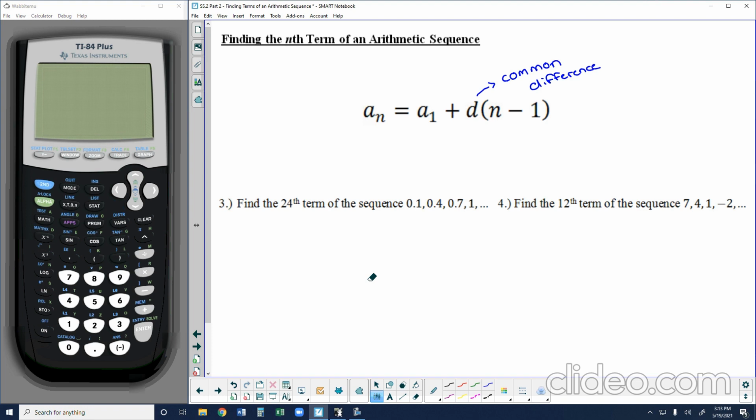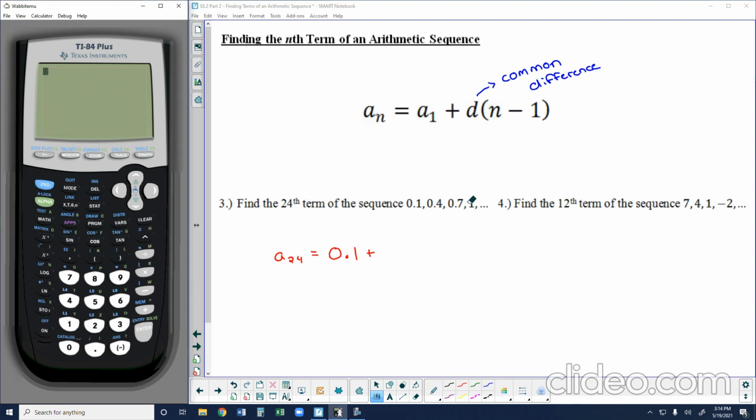It says find the 24th term of the sequence 0.1, 0.4, 0.7, 1, and so on. They give us 4 terms, and we want to find the 24th term. So a sub 24 would be the first term, 0.1, plus the difference. Remember in the previous video, we found the difference by subtracting any term from the term after it.